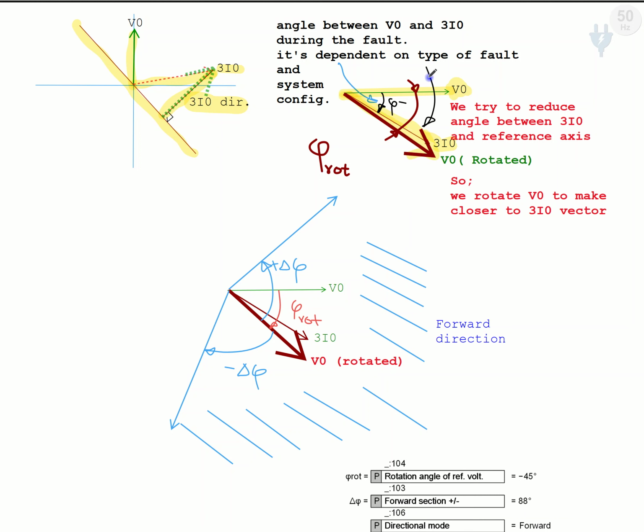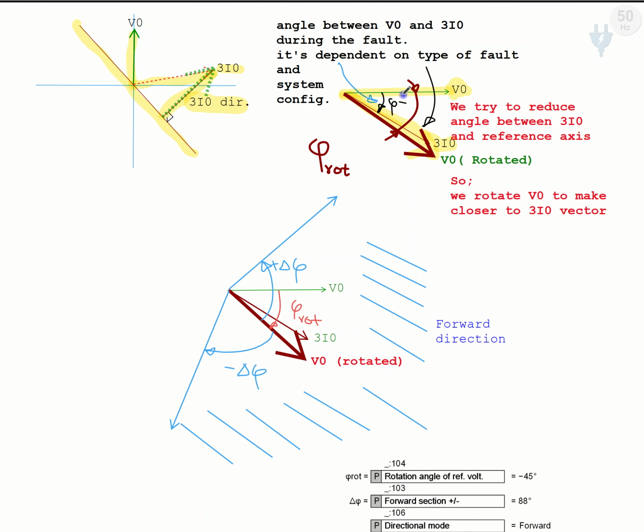We shift this V0 axis closer to the 3I0 vector, because we want this angle to be very small and our accuracy to increase. So this is called the V0 axis, but the shifted vector is called V0 rotated. This is our reference.